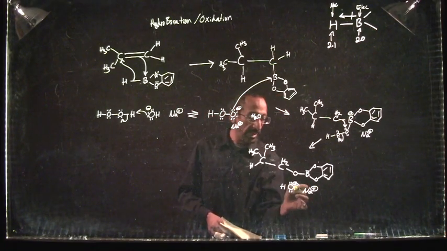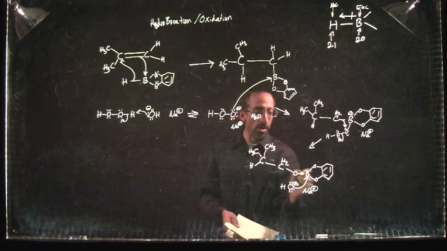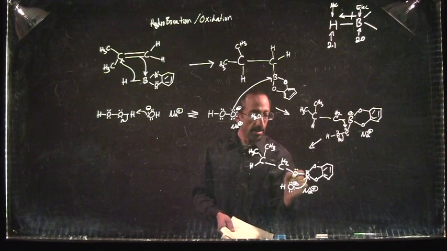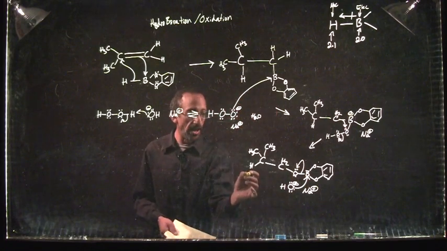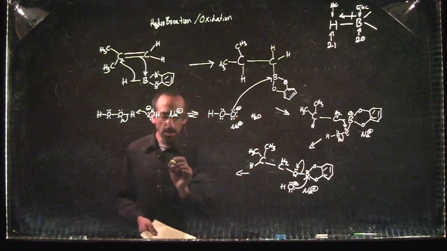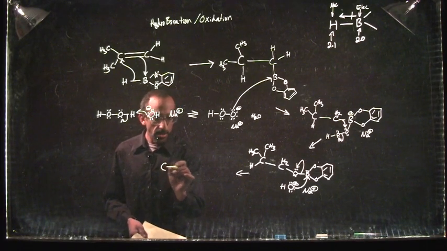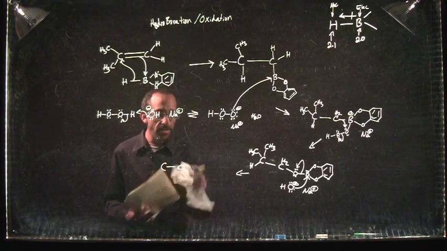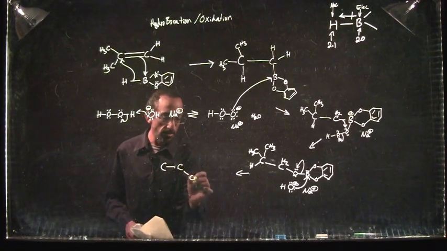At this stage, oxygen from hydroxide comes in and attacks that boron. The boron-oxygen bond we had before breaks, leaving electrons on oxygen. We now have a deprotonated alcohol.